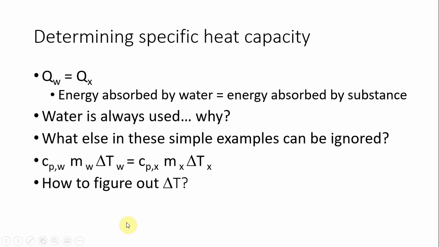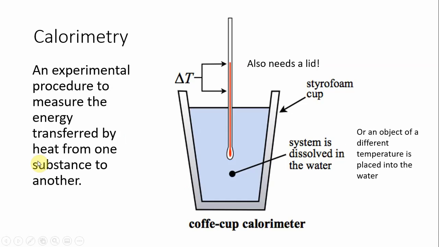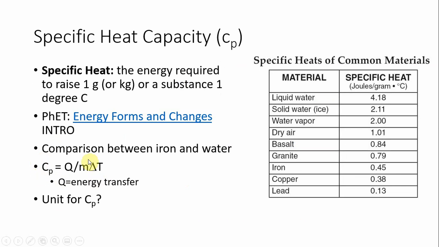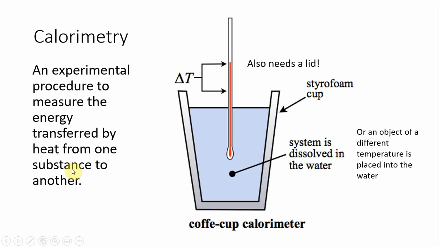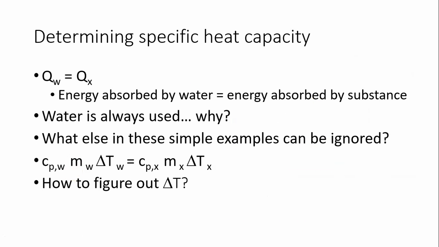So here is our specific heat equation. So again, when we think about specific heat, Q divided by M delta T, we rearrange this equation to solve for Q, and then we set the two Q's together.